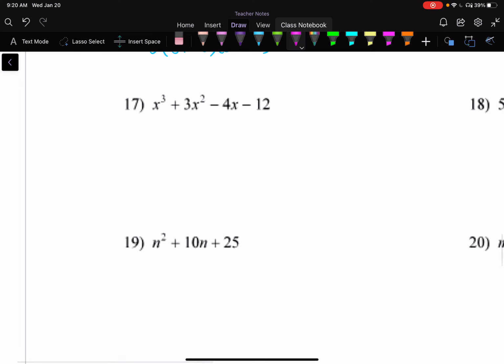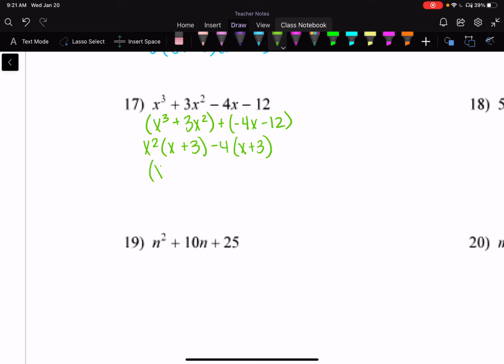Now number 17. You see that it starts with 4 terms, so we're going to start with grouping. I'm going to rewrite it, and then take out my GCF. That leaves me with x plus 3 and x squared minus 4.